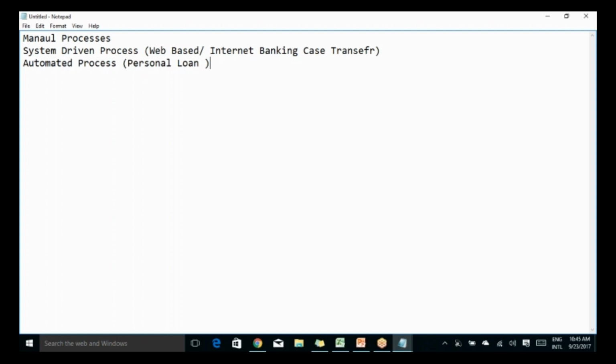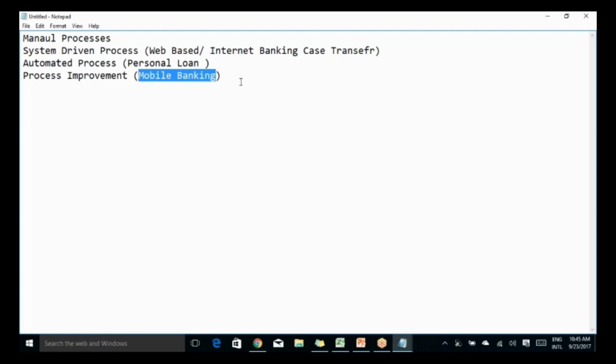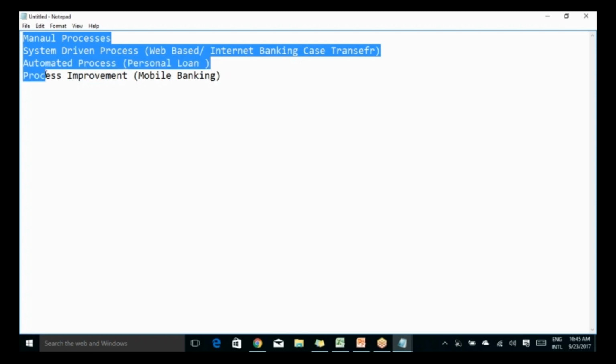Now when we talk about process improvement, consider mobile banking. This is where whatever processes were system driven and whatever processes were automated were improved and included in your mobile banking application. So this is how we have moved from manual processes to system-driven processes to automated processes to improved processes.